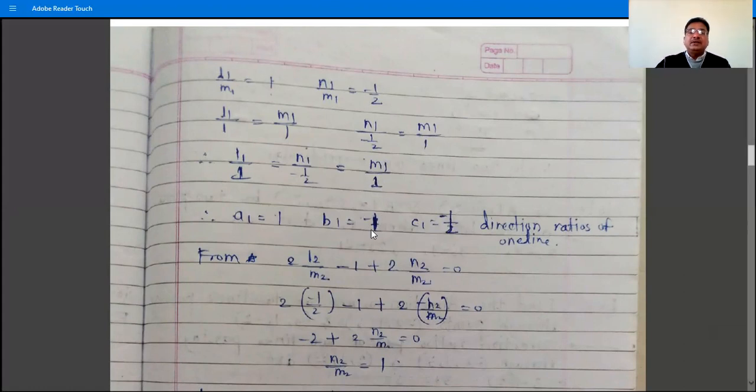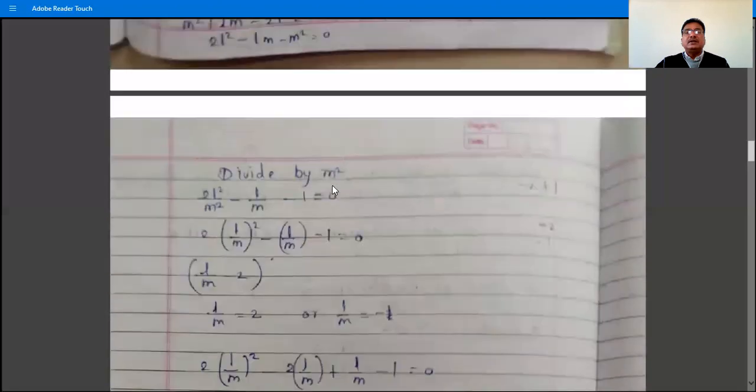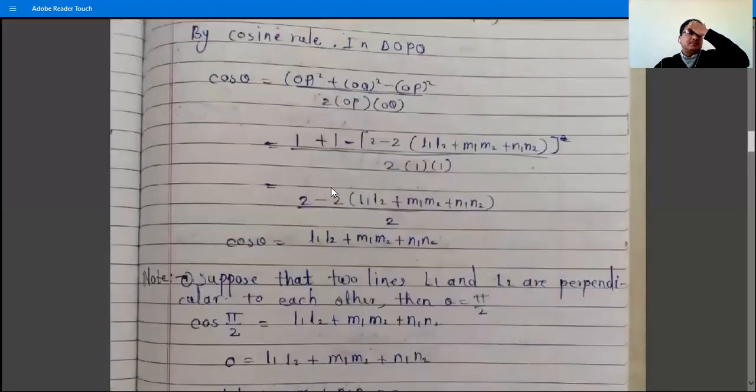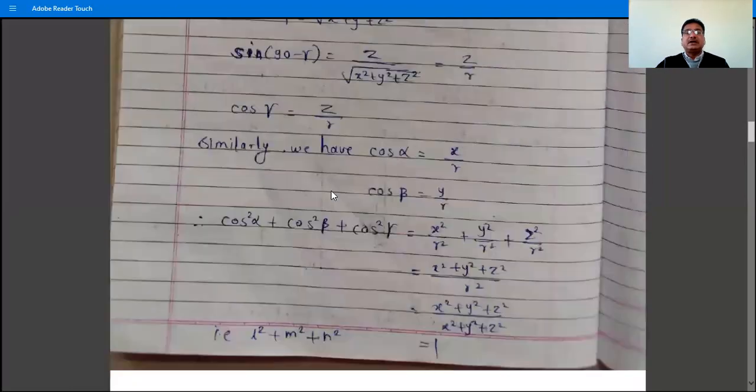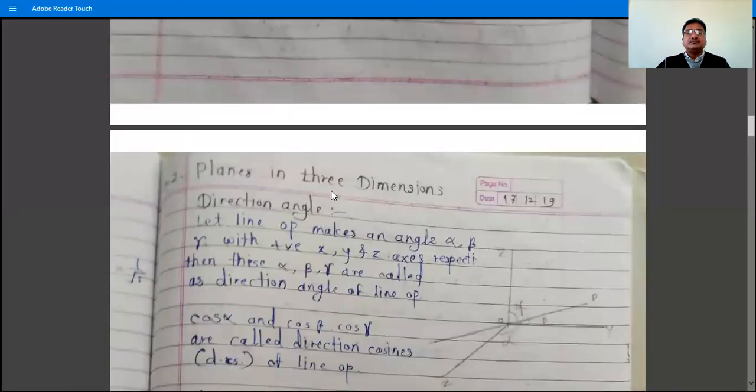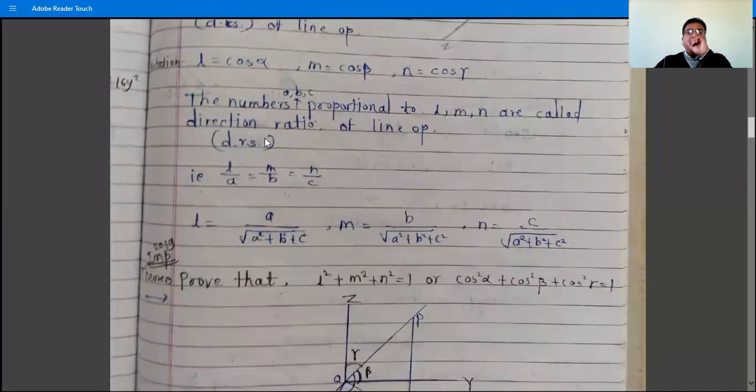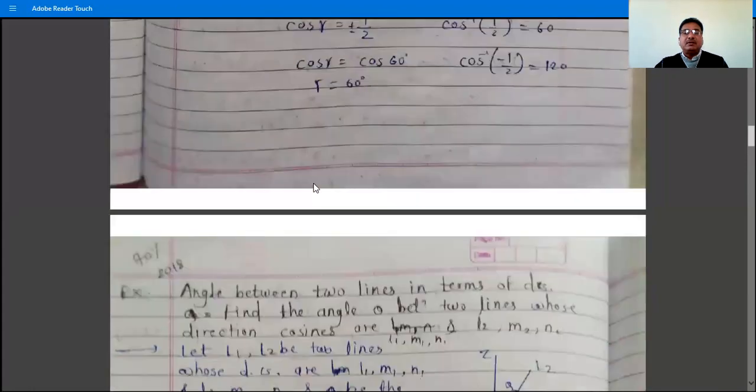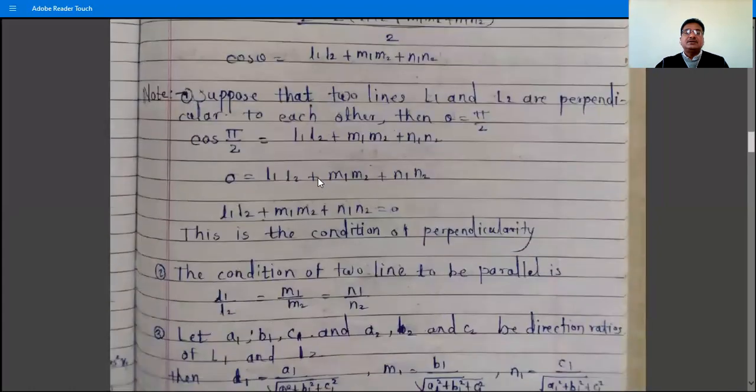Why do we say these are the direction ratios? Because these numbers are proportional to L1, M1, N1. What are L1, M1, N1? These are the direction cosines of the line. And we know the definition of direction ratios: the numbers proportional to direction cosines are called direction ratios. So the numbers A, B, C proportional to L, M, N, the direction cosines, are called direction ratios.